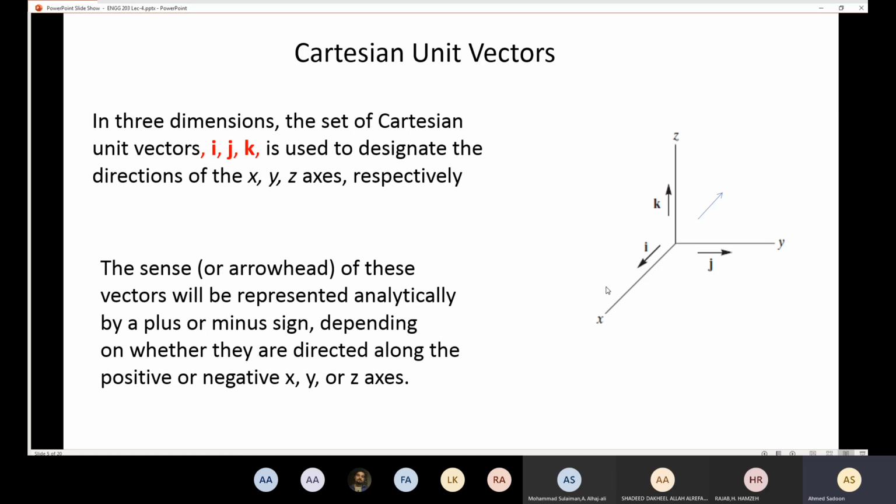In the beginning, we said that this direction is going to be considered positive, which means we put plus here. If it was in the opposite direction to this one, then it's going to be minus. The same thing for J. If it was there, then it's going to be minus. And the same thing for the K. If it's in that direction, then it is going to be minus.